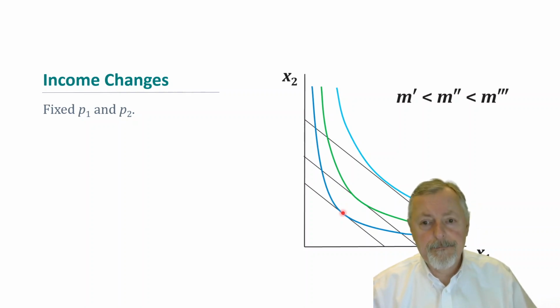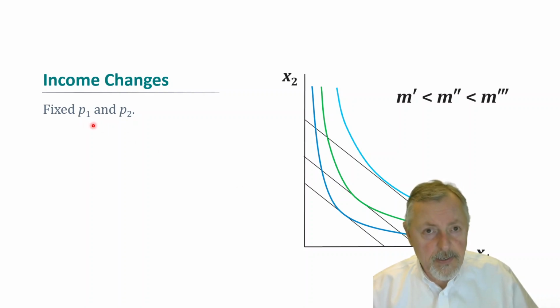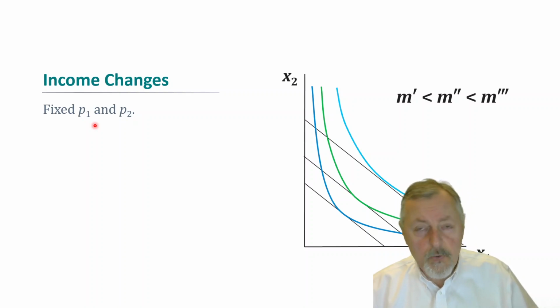Now, if your income goes up, say from M prime to M double prime, your budget constraint is going to move outward to here. Notice the slope will always stay the same, because the slope of the budget constraint is determined by the relative prices of thing one and thing two.